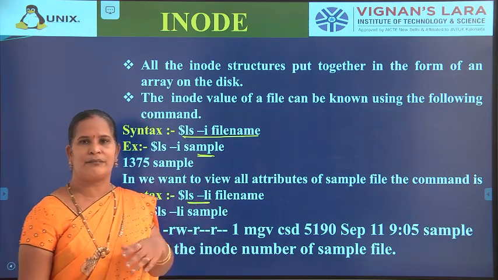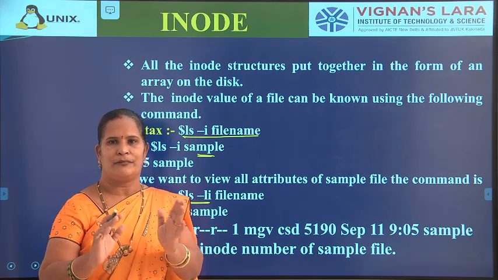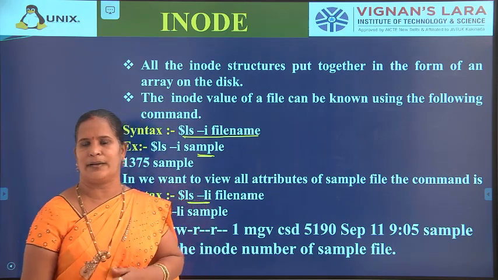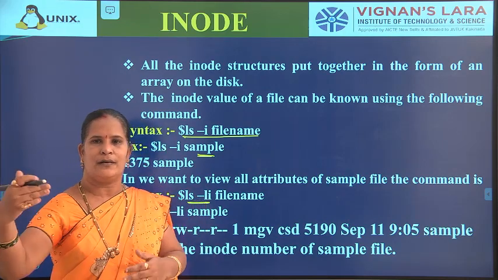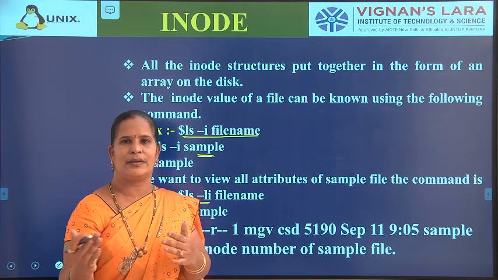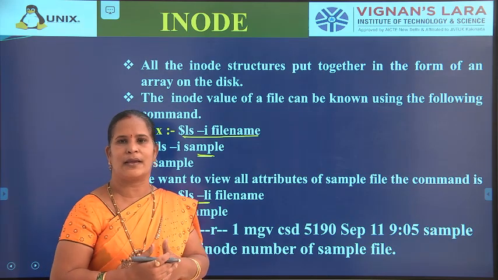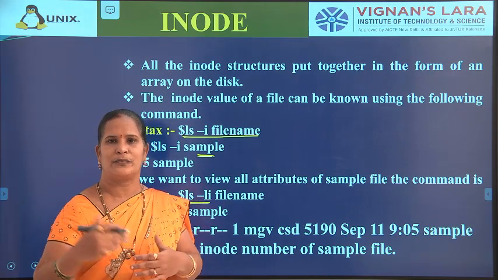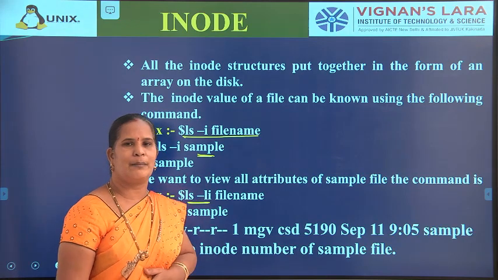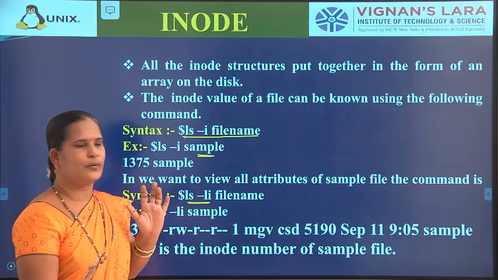In order to view the attributes of specific files, we have to specify the file names as arguments to the ls -l command: ls -l file name 1, file name 2, file name 3. Like that we can specify multiple file names as arguments to view the attributes of those specific files. So the ls -l command can work either with or without arguments.